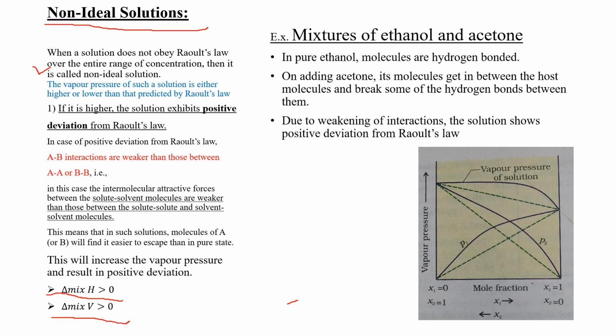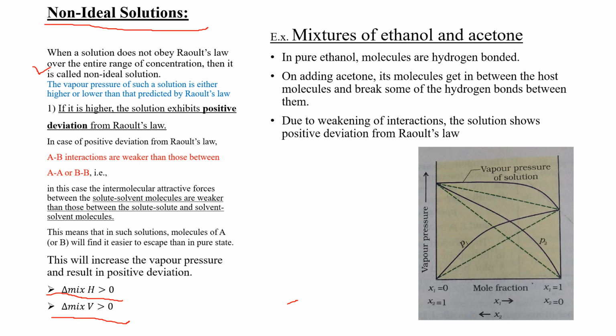These solid blue lines represent the positive deviation from the ideal behavior of a solution. The dotted green lines show the graph for an ideal solution, and where there is a positive deviation from ideal behavior, these lines are deviated towards the positive side.